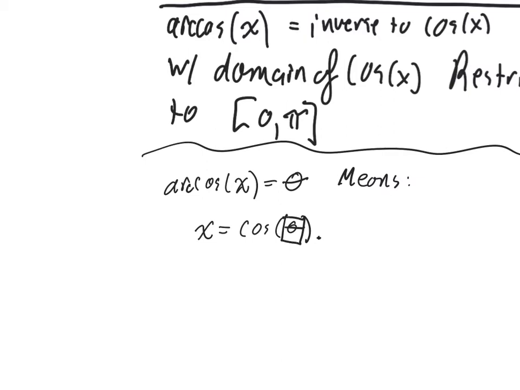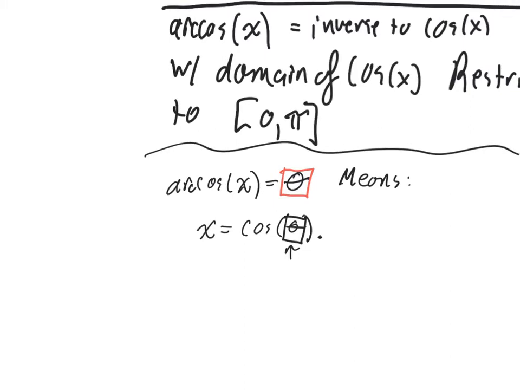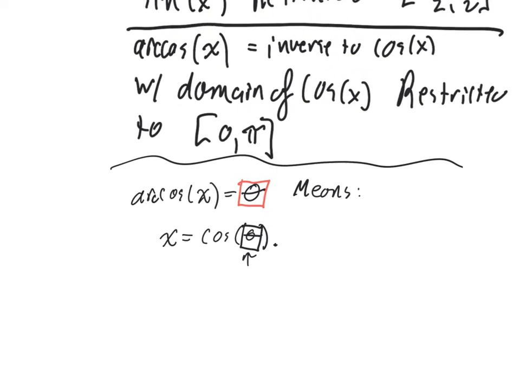So let's think about what this theta could be. If you see cosine of theta is equal to x, that theta could be any number. You can plug anything into cosine. But what outputs are you allowed to see for arc cosine? Well, that's the range of arc cosine.